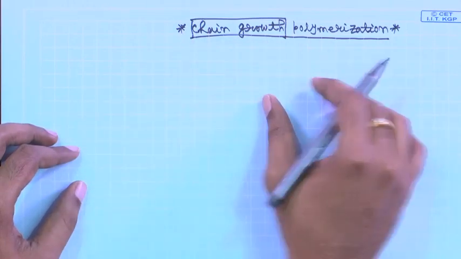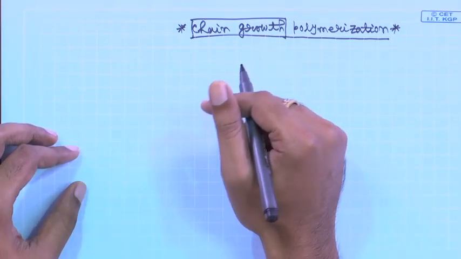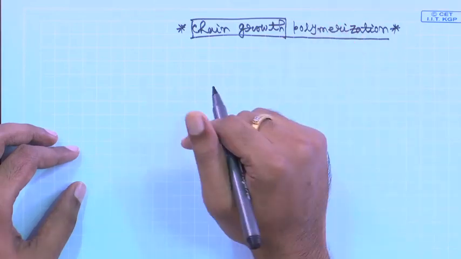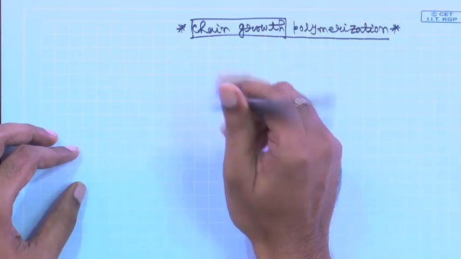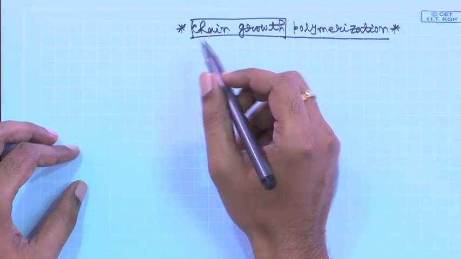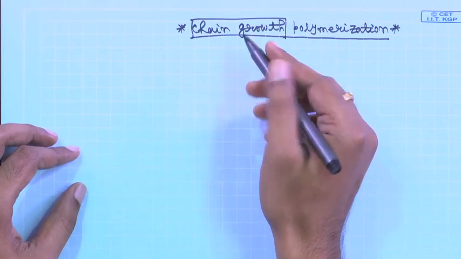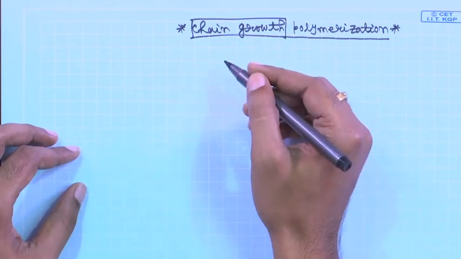So, this is a progressive growth of the chain at a high rate, and high molecular weight will be produced at a very early instant of the reaction, unlike what happens in step polymerization. In step polymerization the molecular weight develops more slowly. In chain growth polymerization, high molecular weight species will be present at low conversion itself.